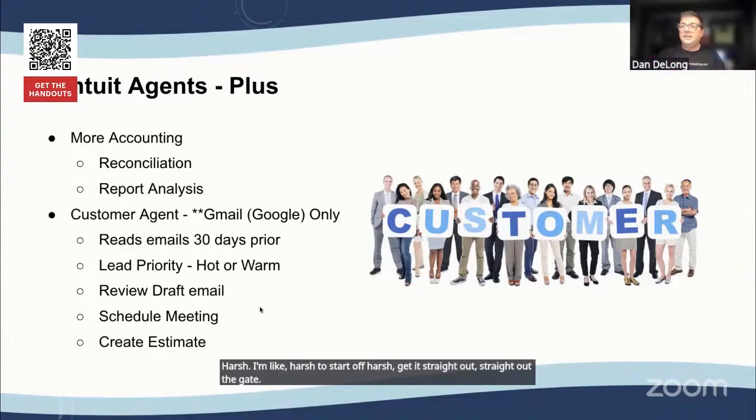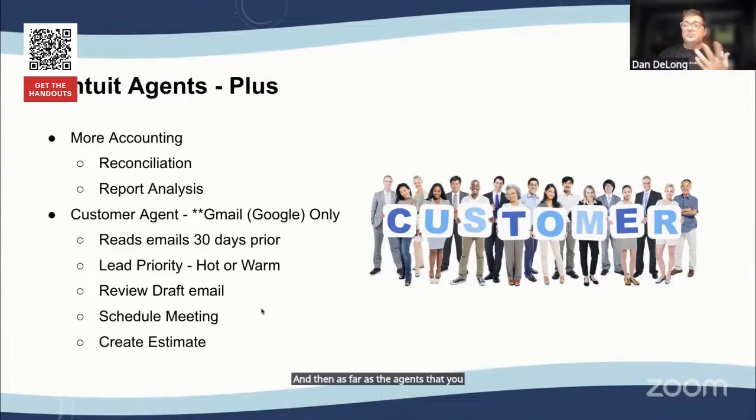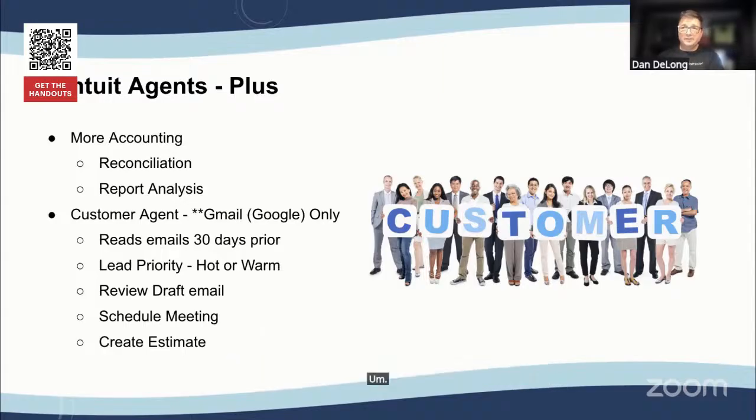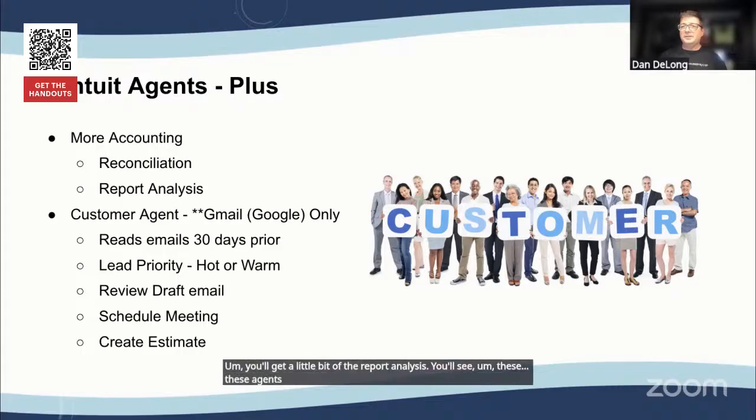And then as far as the agents that you get in Plus, there's an enhancement on the accounting agent, right? Where you'll get a little bit of the report analysis. You'll see these agents show up. I think the terminology that they're trying to incorporate or socialize is sparkles.